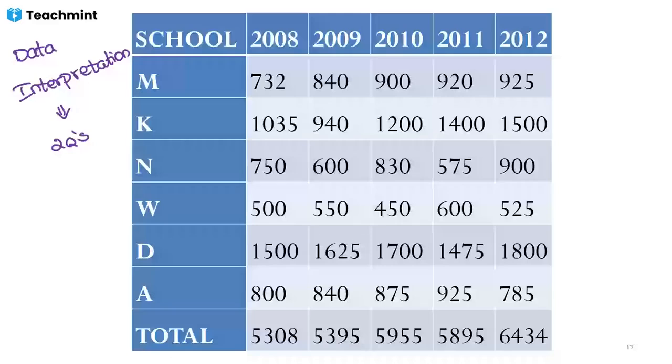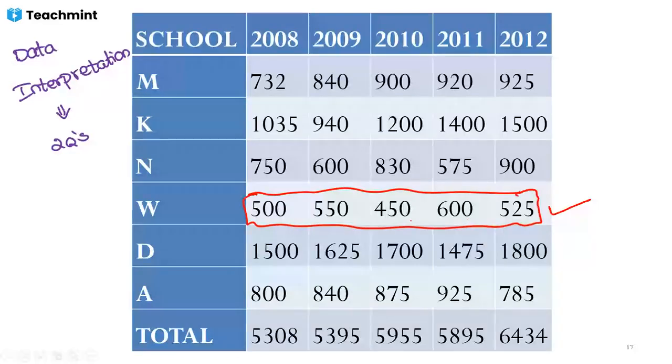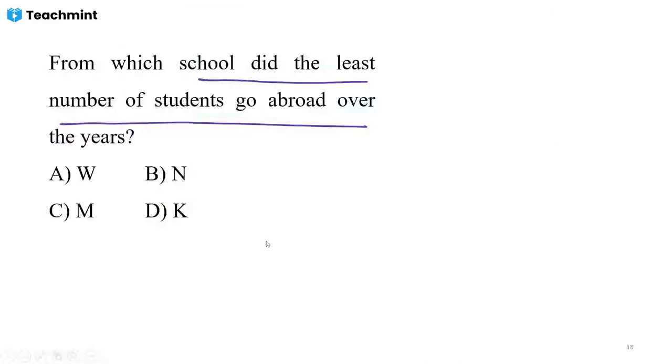Very good, W, right? You observe every year W only is the least. Almost every year it's around 575, but in the majority of the years W is the least. So by seeing itself we can decide that the least number of students going abroad is from school W, right?